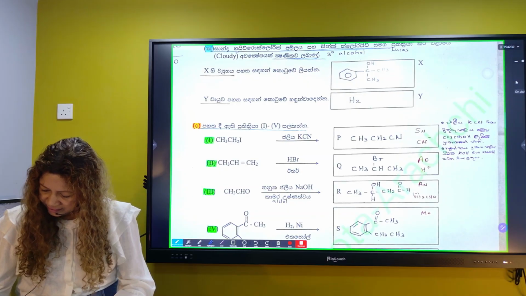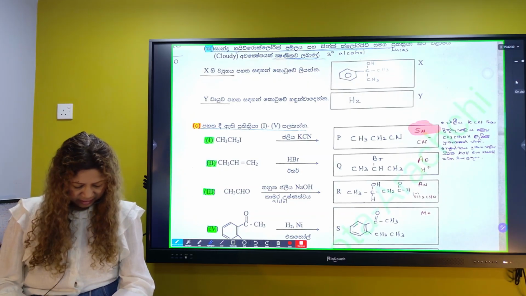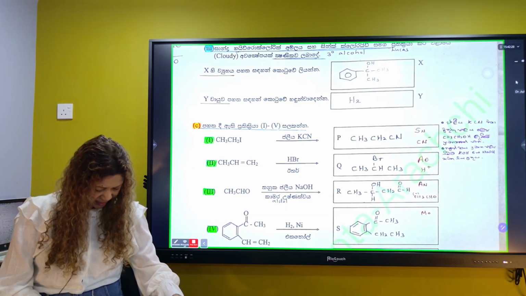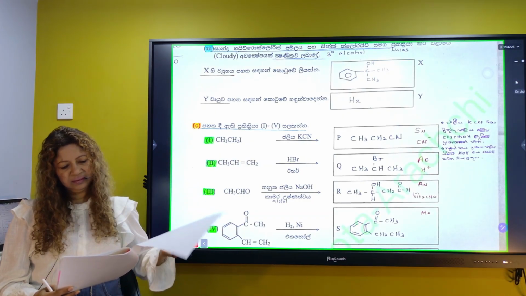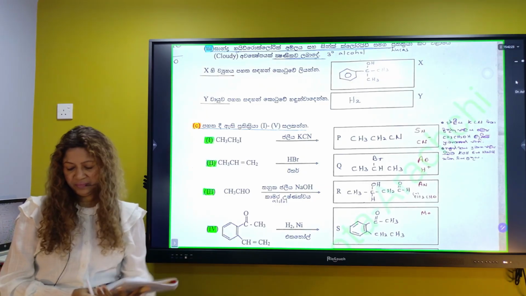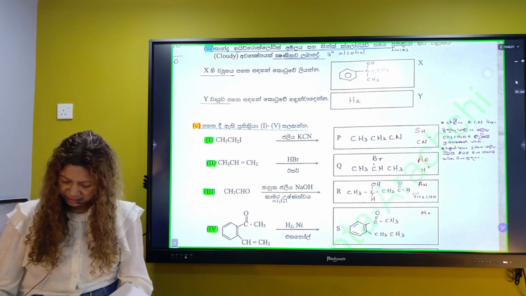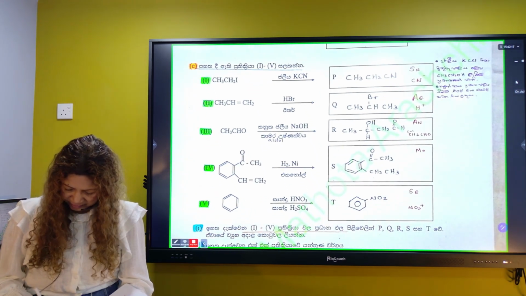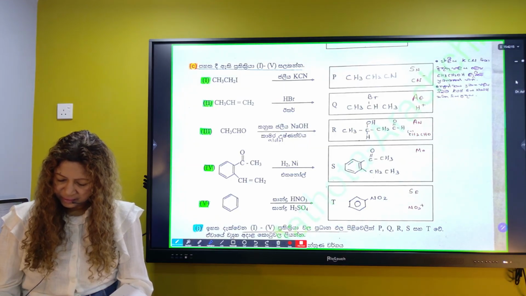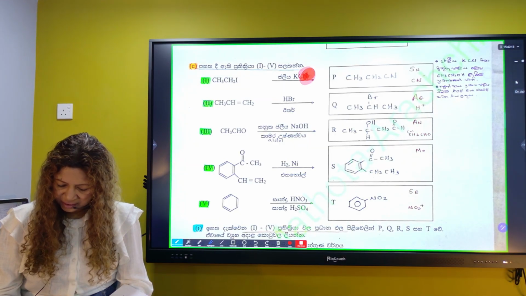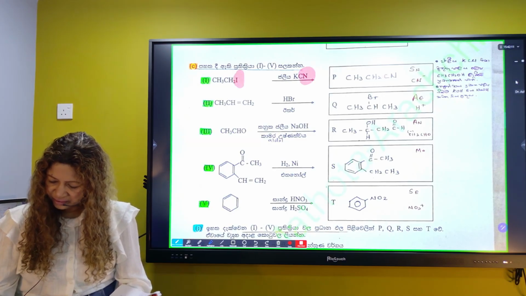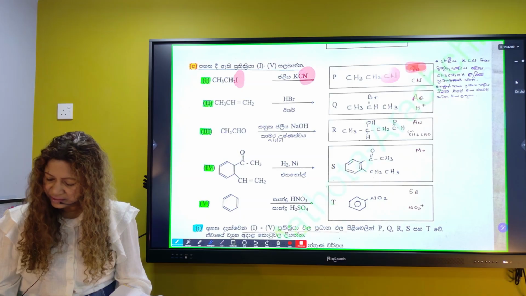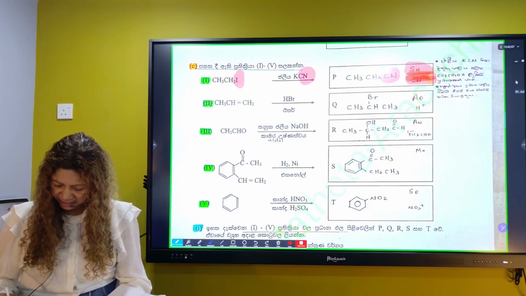KCN, nucleophilic. I'm just gonna write answers here because you can fill the table easily later. CN joins here. CN joins, so nucleophilic substitution, nucleophile is CN minus.